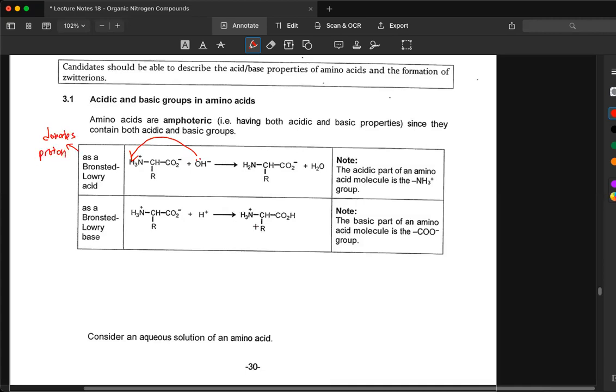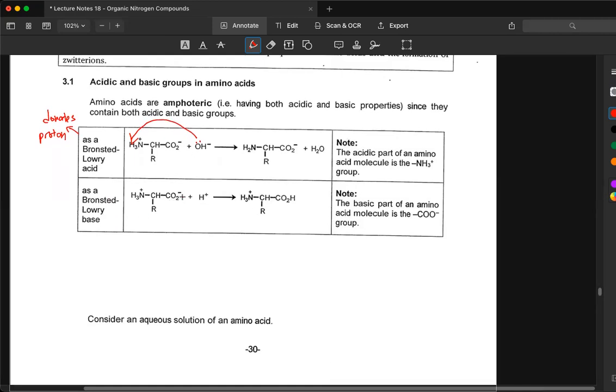As a Bronsted-Lowry base, it will accept the proton.